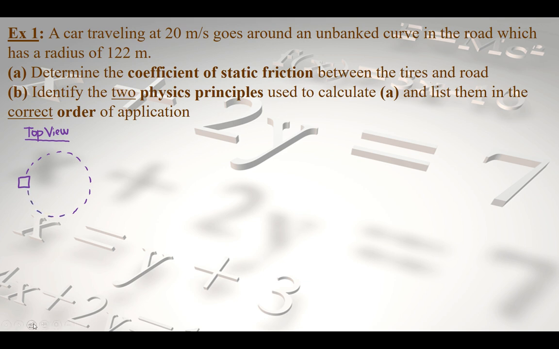Albeit it's just going around a curve, so it's probably not going around a full circle, but for at least part of its motion, it's moving in that circular direction. So we can still say that it's following uniform circular motion. Now, the view I want to do in this problem is a side view of the car. And you'll see why.